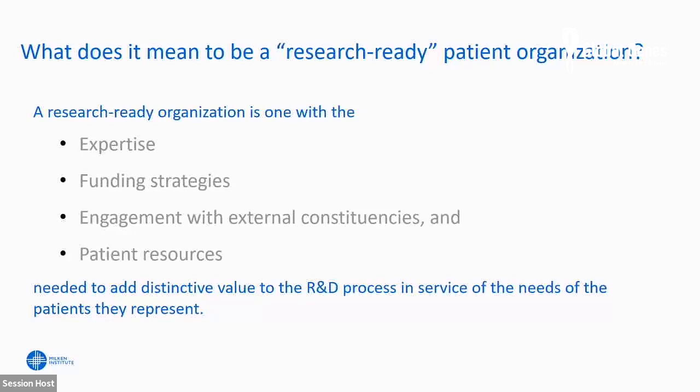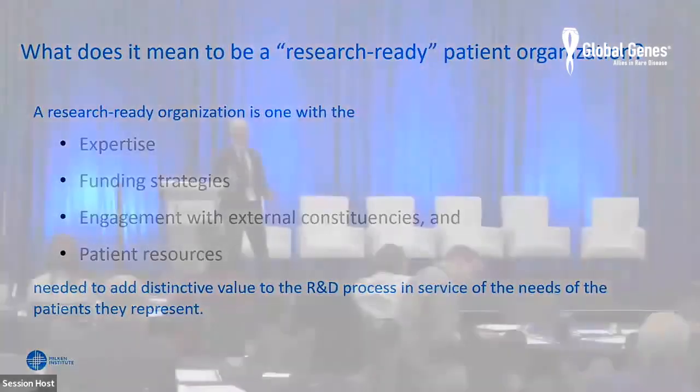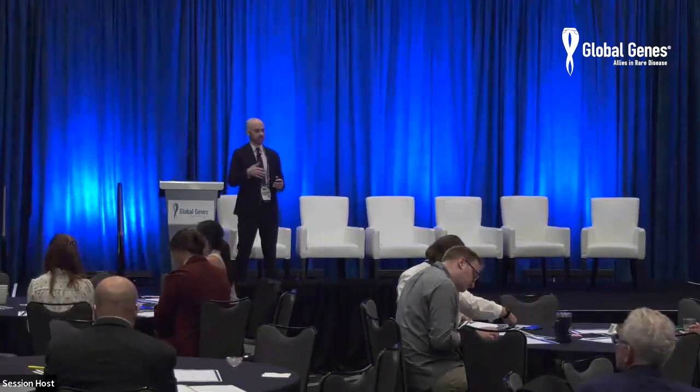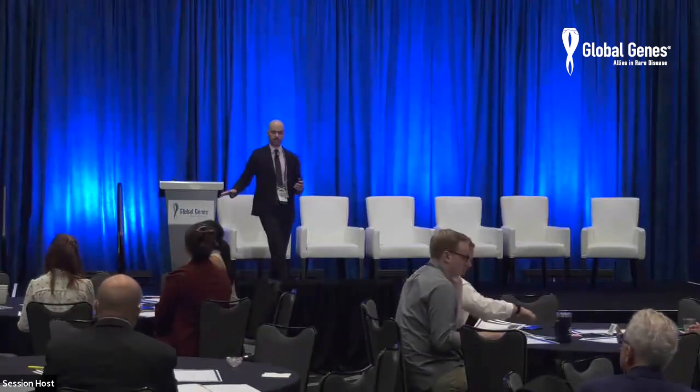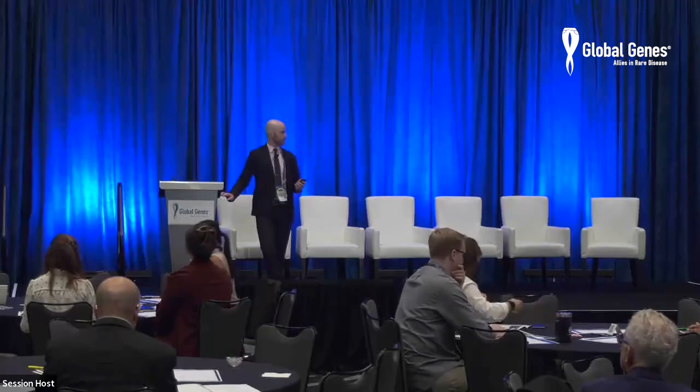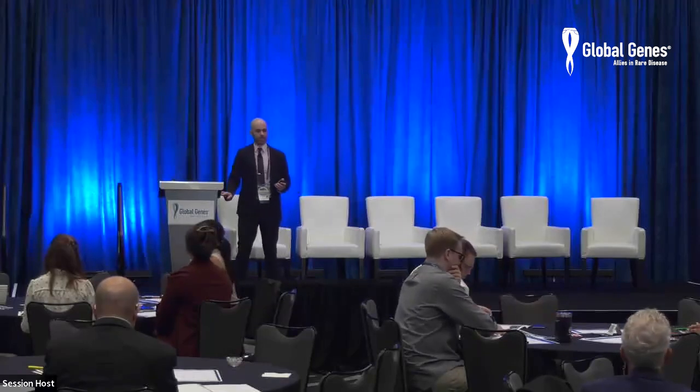So we wanted a way to characterize what would make a patient organization research ready. And we defined a research-ready organization as one with expertise, funding strategies, engagement with external constituencies, and patient resources.